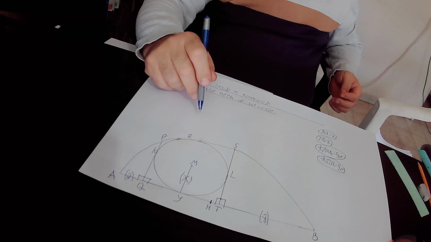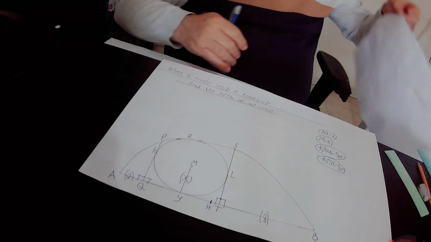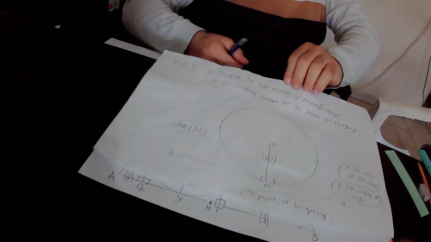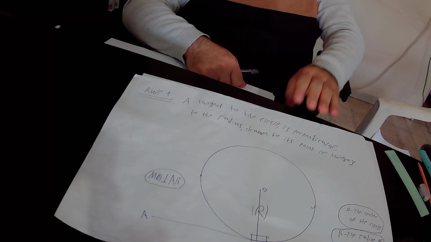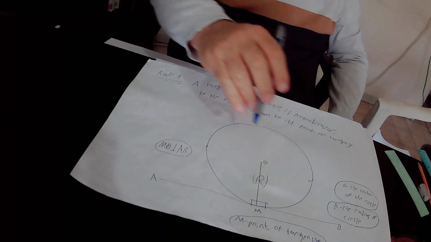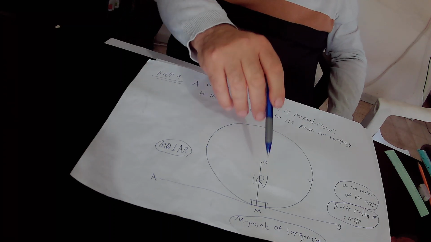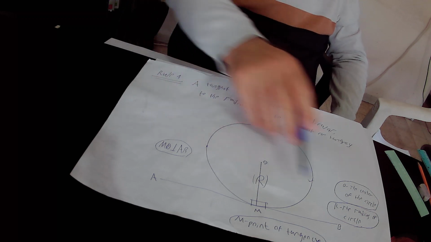And here we can implement rule 1. According to rule 1, a tangent to a circle is perpendicular to the radius drawn to its point of tangency. So we have a circle and we have the radius OM drawn to point M, that is the point of tangency of tangent AB with this circle.